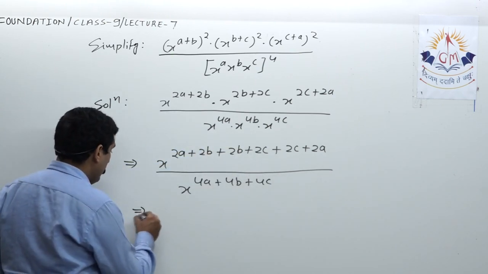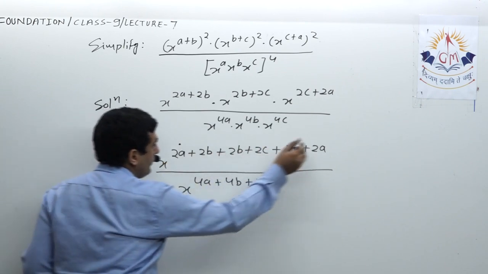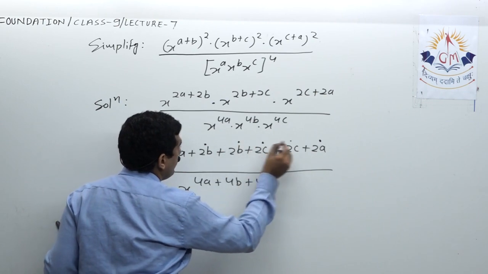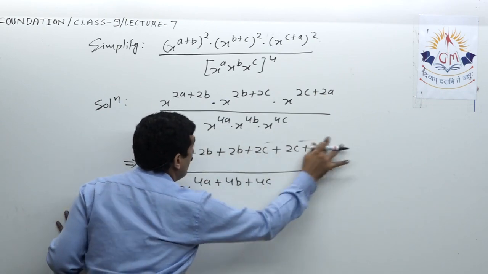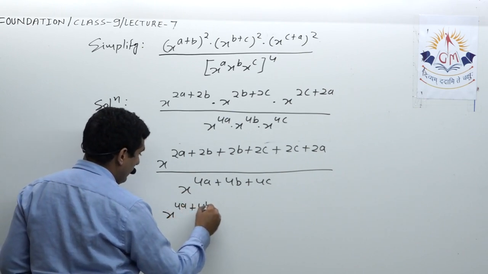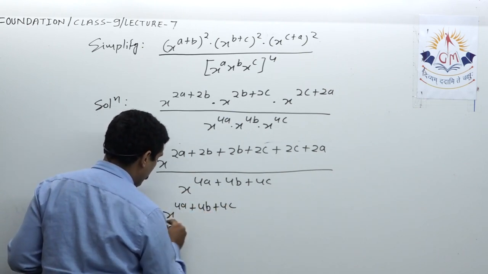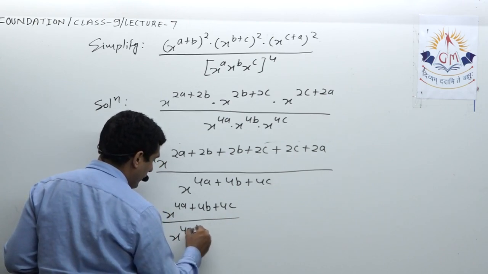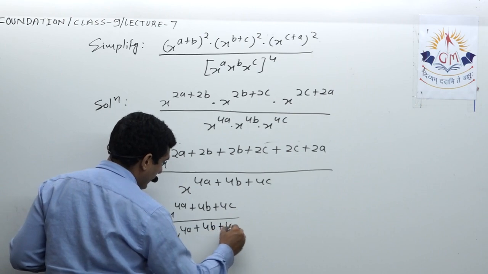Now in the numerator you can see there is 2a, there is one more 2a, there is 2b, then there is 2b, then there is 2c and 2c. That means actually this is x raised to 4a plus 4b plus 4c, and we have in the denominator x raised to 4a plus 4b plus 4c.